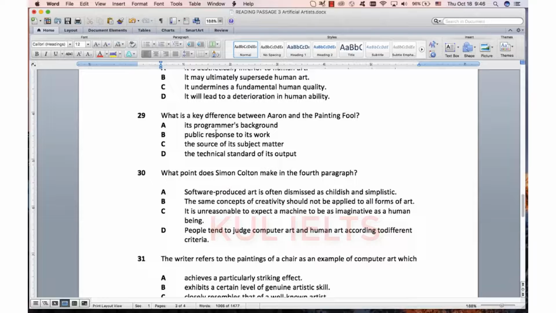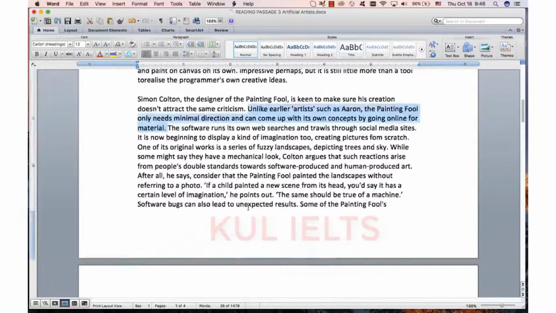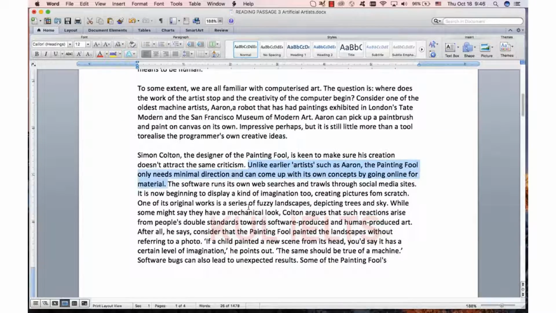Next up, what is a key difference between Aaron and the painting fool? Find Aaron. Again, this one is quite nice because it's just one sentence. So unlike Aaron, the painting fool does this. So there they're telling you the difference between the painting fool and Aaron. Only needs minimal direction, a little bit of help, and can come up with its own concepts by going online.